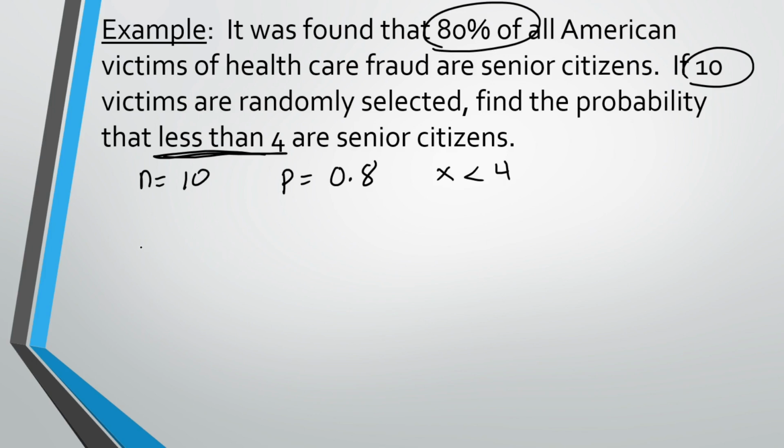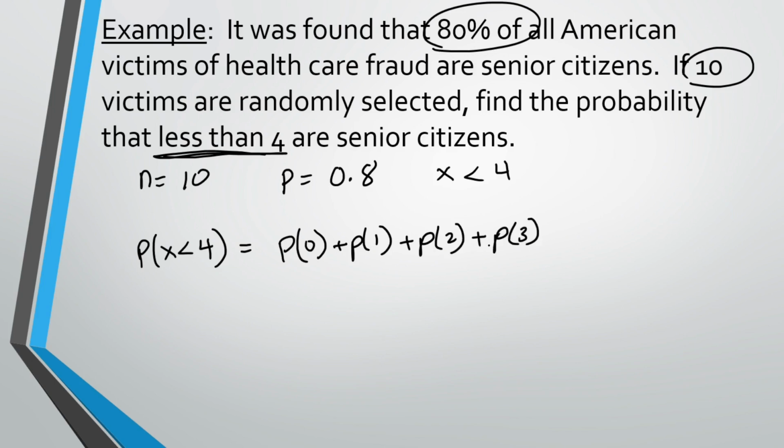This gives us P of x less than 4 is equal to P of 0, no Americans being a victim, plus P of 1, plus P of 2 plus P of 3, and that's it because we want it to be less than 4.